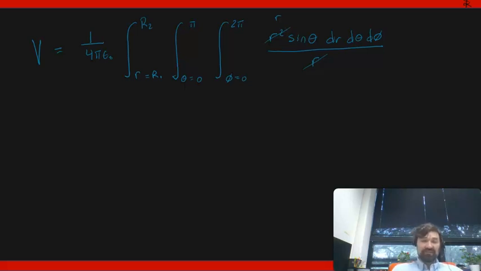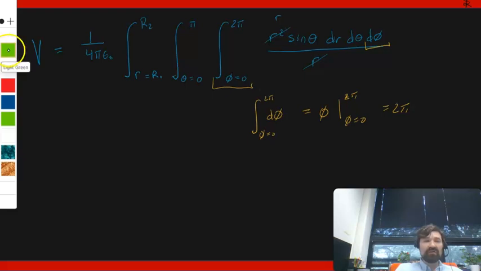So now what I have to do is come down here and integrate piecewise. And so this right here is integral number 1. Integral number 1 is just d phi integrated from phi equals 0 to 2 pi. And so that's just phi evaluated from 0 to 2 pi, and that part just gives me a 2 pi.